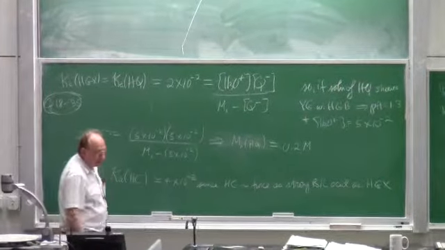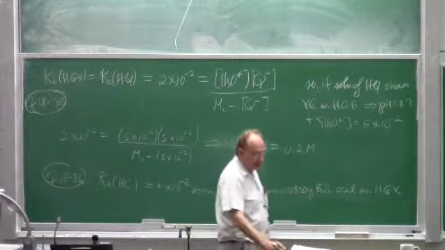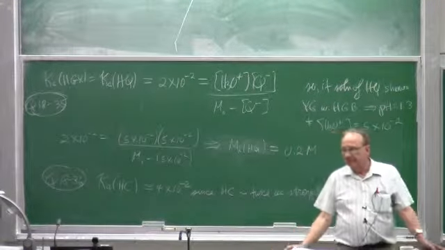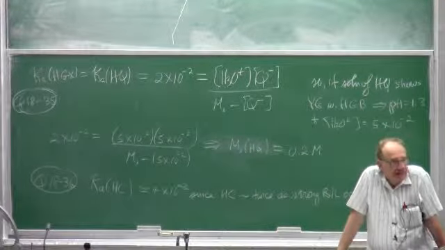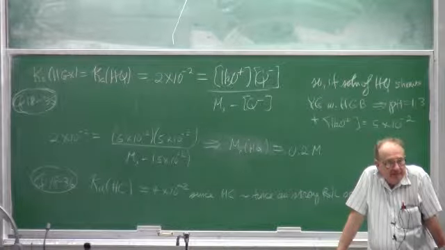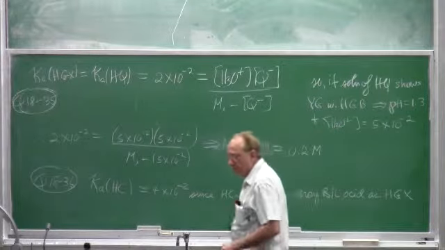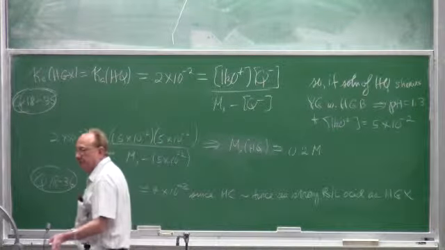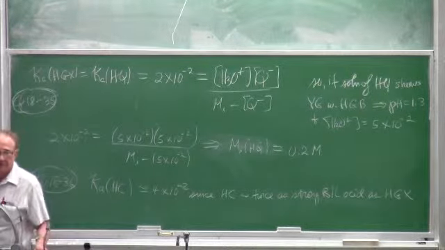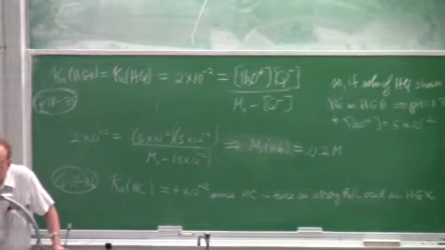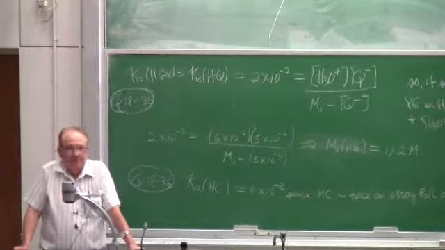Last time we looked at the critical data for indicator HGX, from which we determine Ka for HGX, 2 times 10 to the minus 2. Since at a pH of 1.7, HGX is 50% ionized.